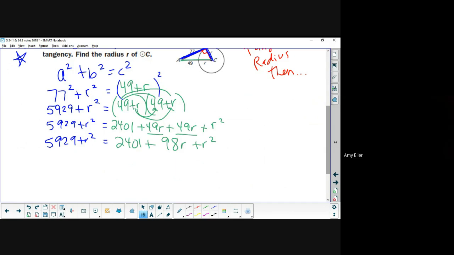Let's move the r squareds to the same side. So I'm going to move this r squared over. I move it over, that's going to cancel there. What's nice is over here, it actually cancels also because I have r squared, and I subtracted r squared. Now look, I only have 1r left. We know what to do from here. Go ahead and finish your algebra.